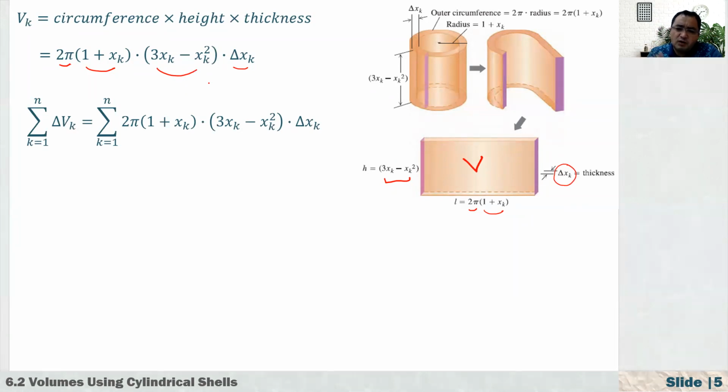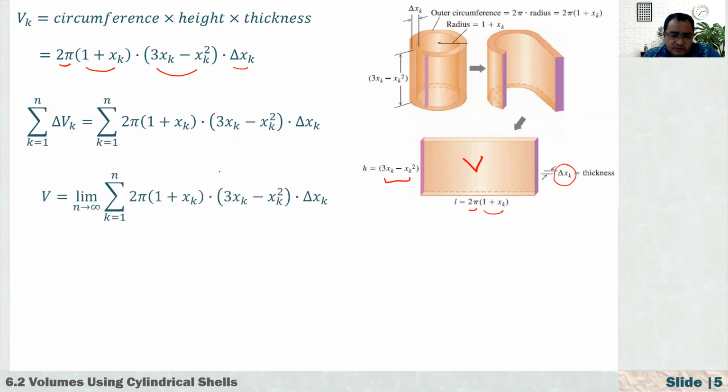So here we have V1, V2, V3, because I divided this into cylinders whose width is very, very thin. And if you add them up together, the sum from k equals 1 to n of delta V sub k, where delta V sub k is equal to 2 pi times 1 plus x sub k times and so on, as given in the above expression.